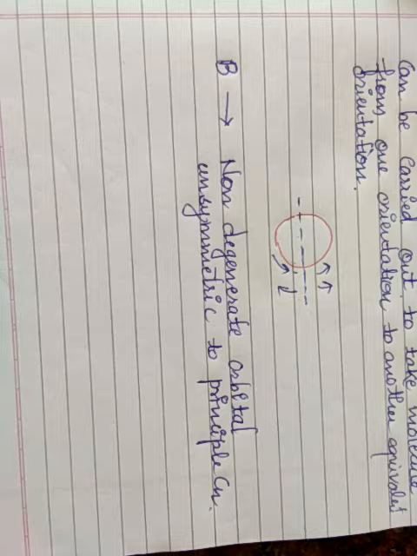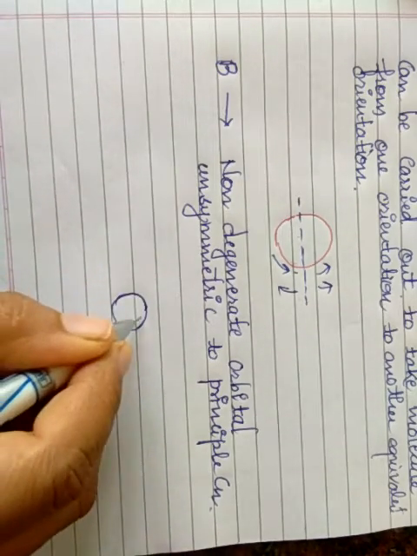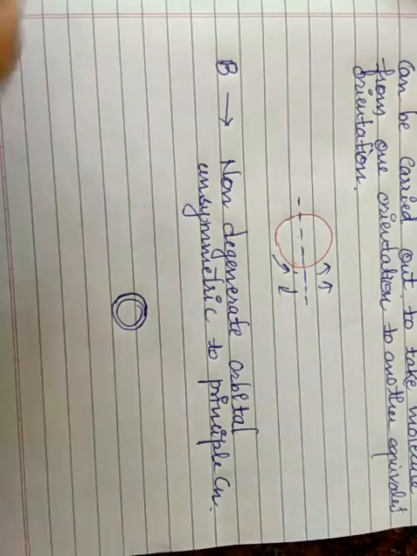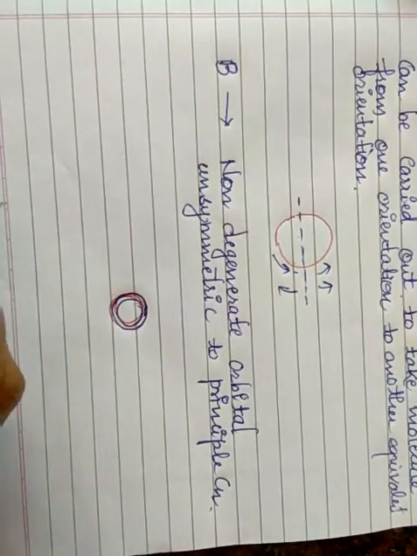I will give you an example here of symmetric and unsymmetric. Symmetric: take one round shape like this and another round shape. If you keep one on the other, both are symmetric in nature, and one fits easily on the other.